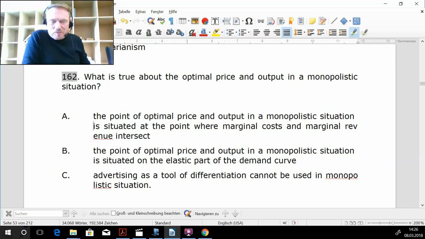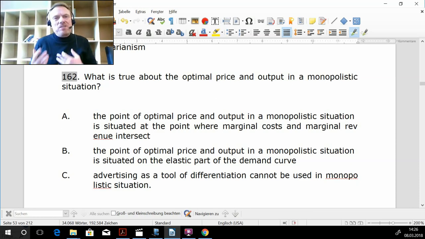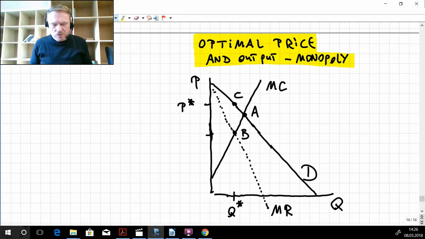The point of optimal price and output in a monopolistic situation is situated on the elastic part. So now we have to understand, of course, the concept of elasticity. And the thing which is true, if we take the demand function, the demand curve, it consists of two halves.